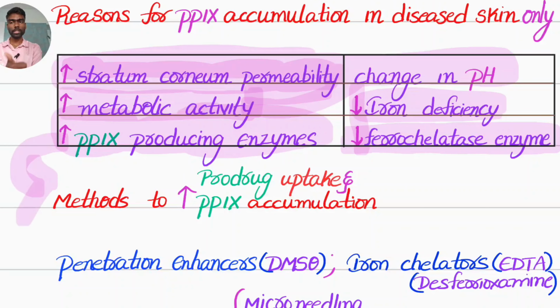We all know this in the heme cycle. So if the ferrochelatase enzyme is deficient, protoporphyrin 9 will not convert into heme and it will get accumulated well. That is the desired thing we want. These are all happening in the cancer cell itself. No need to do anything.